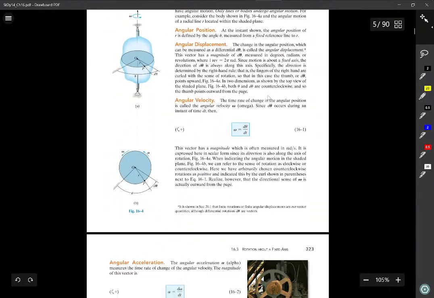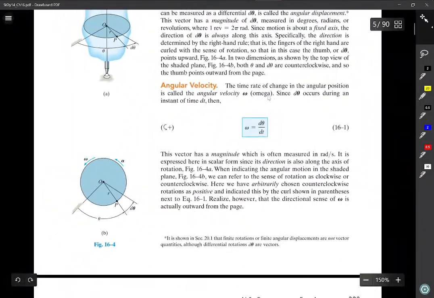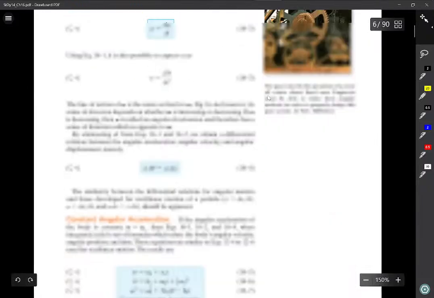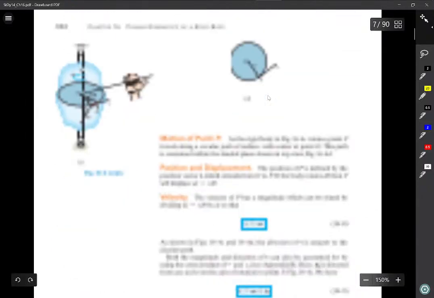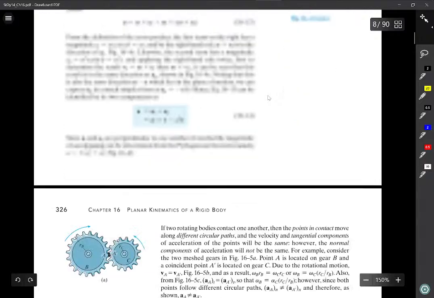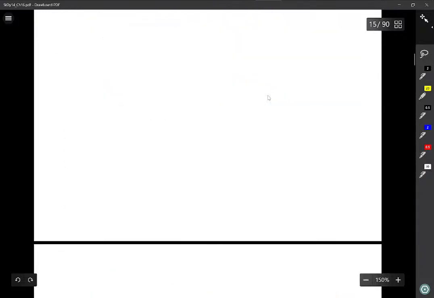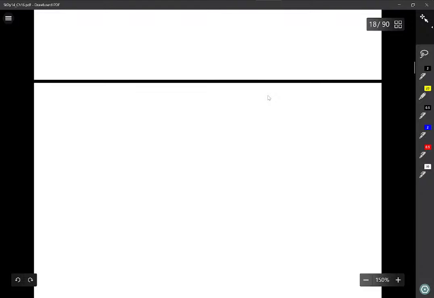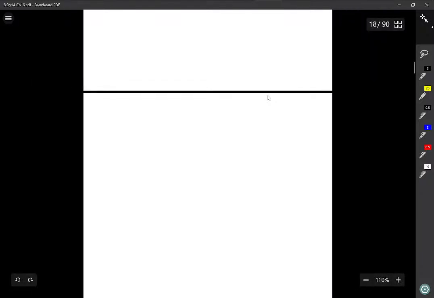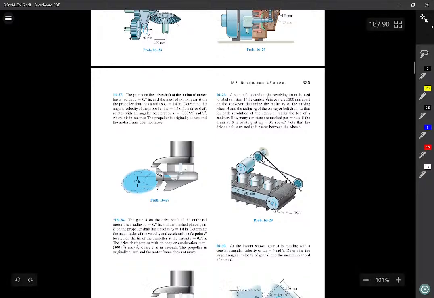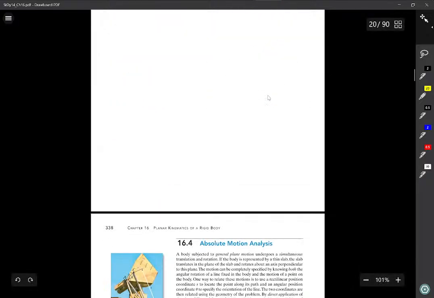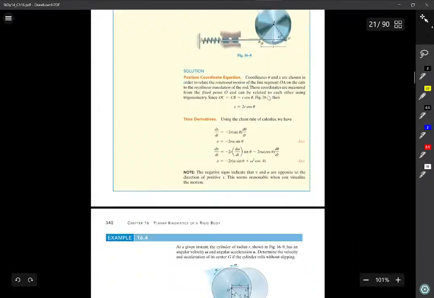Kinematics. Okay, so in the lectures, all of this is covered. So you can go look at all that in the lectures, and you get your way through this material.